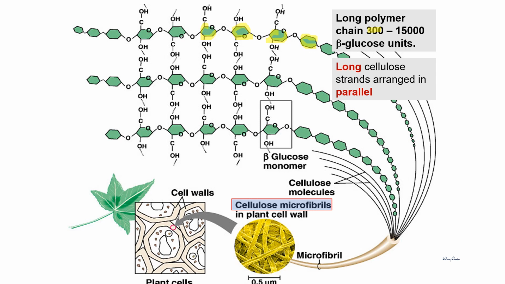The chains are called cellulose strands, and they will be aligned or arranged parallel to each other.